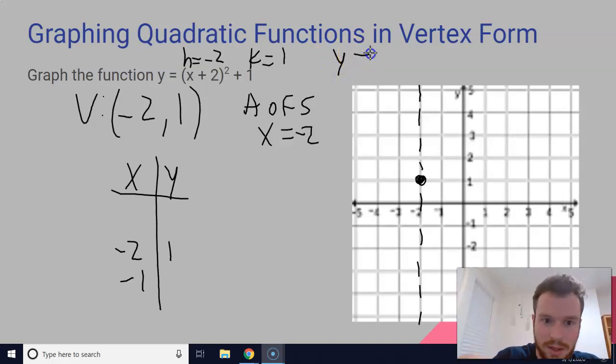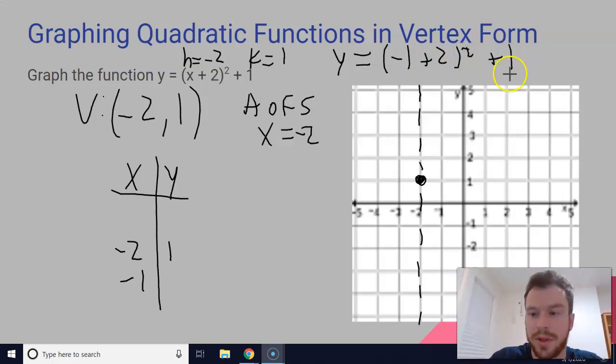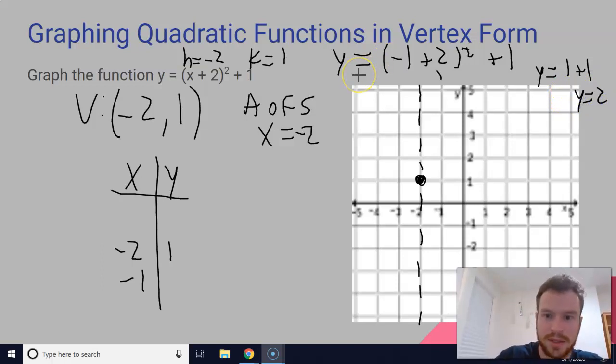So y equals (-1 plus 2) squared plus 1. So -1 plus 2 is 1. So we get 1 squared is just 1. So y equals 1 plus 1. Well, then y equals 2 when x equals -1. Then I'm just going to plot that point, (-1, 2).